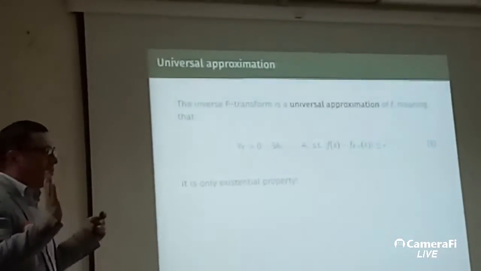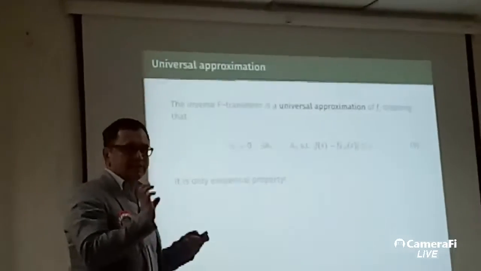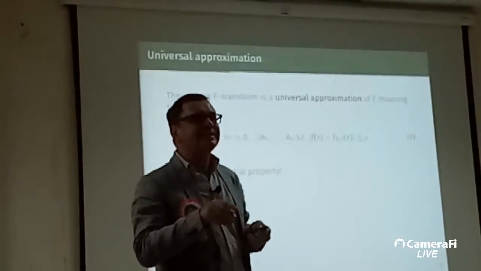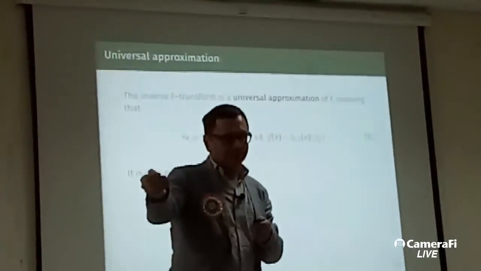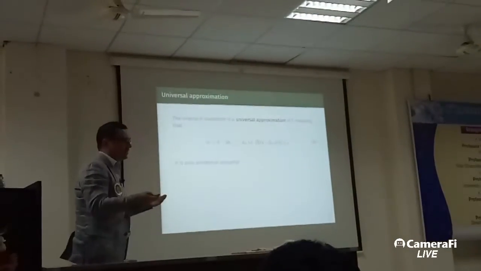But, as in neural networks, this only guarantees the existence of such a model. It does not provide any insight on how to obtain the model. And this is the bad news.